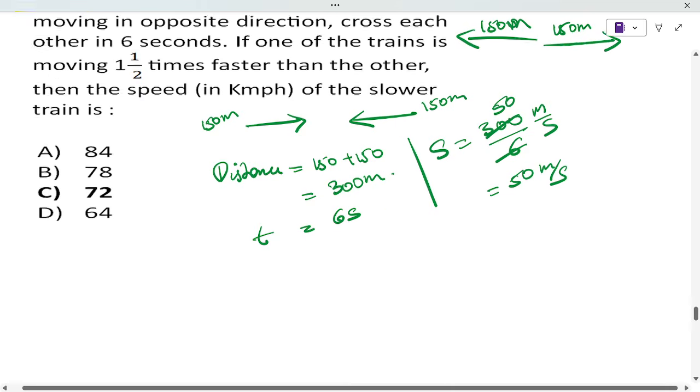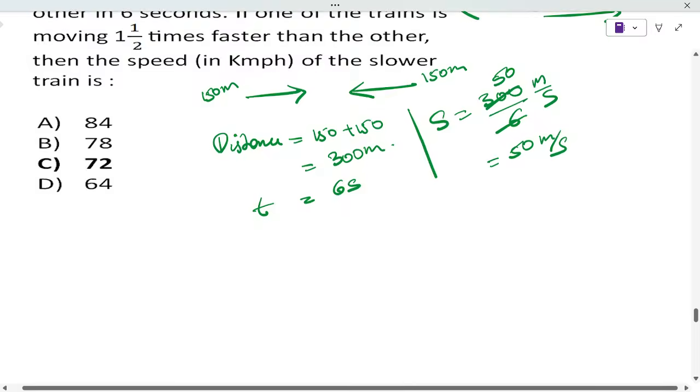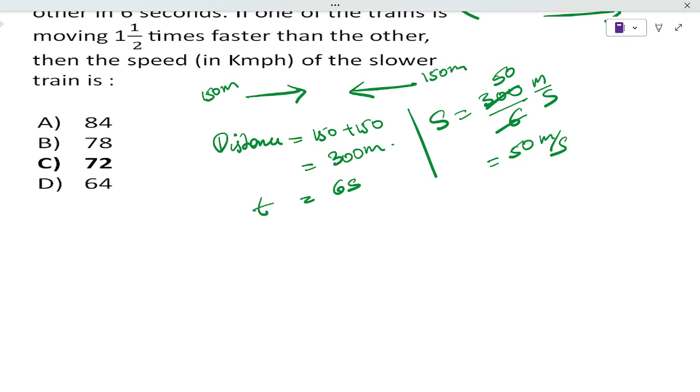Now in the following question it says if one of the trains is moving 1/2 times faster than the other. Okay, 1/2 times. Now, speed of the first train plus speed of the second train will give us 50 meters per second.